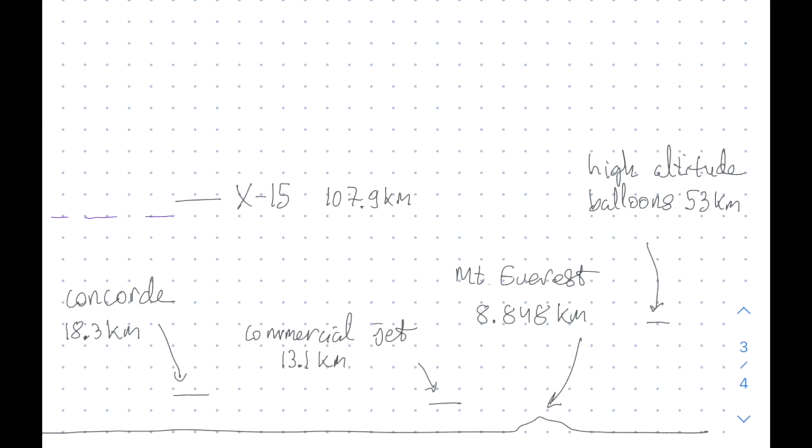Now, this 100-kilometer line is an arbitrary line, and different space agencies define the height at which space begins differently. So the 100-kilometer von Karman line is a definition used by the Fédération Aéronautique Internationale, which is the International Aeronautics Federation. NASA defines it differently.